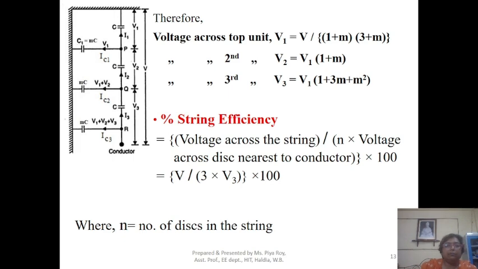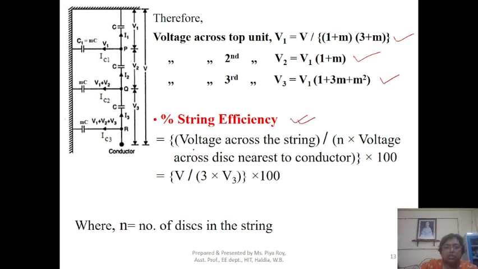Therefore the voltage across the top unit is V1, this one. The voltage across the second unit, meaning the second insulator, is this one, and the third insulator is this one. Obviously, if we have these expressions, from there we can get our string efficiency again.